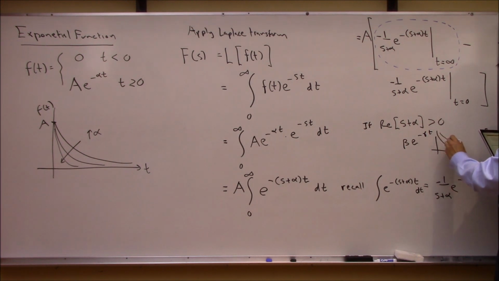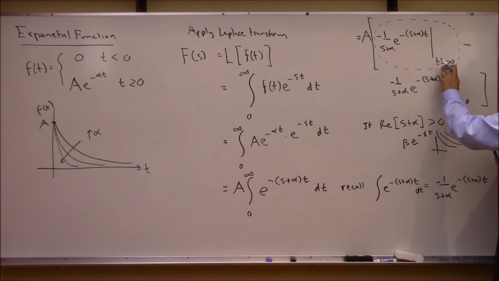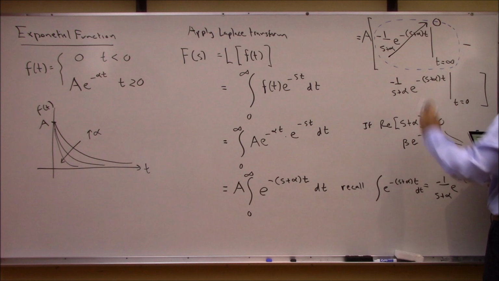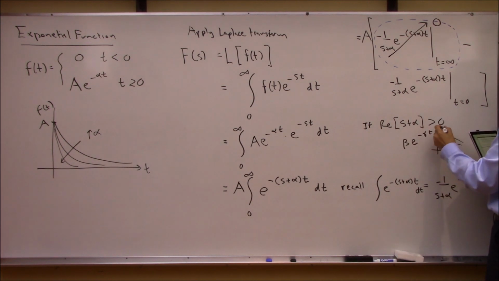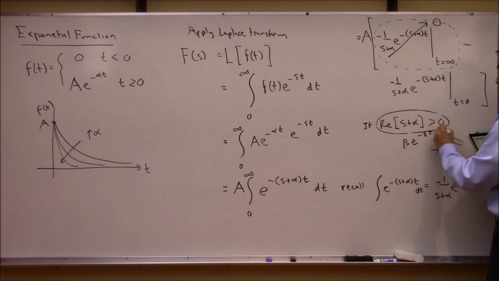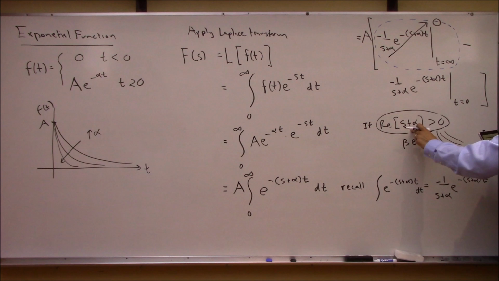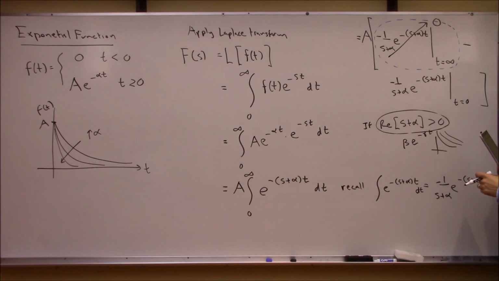It might take a while to get there if gamma is really small, but eventually it goes to 0. So at the upper limit this whole thing is a big fat 0, if this is true. This is a minor note we're going to have to take into account, but as long as we make that assumption, this term goes to 0.